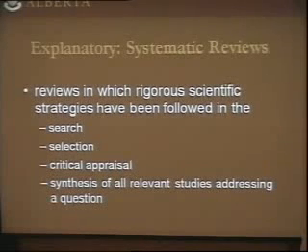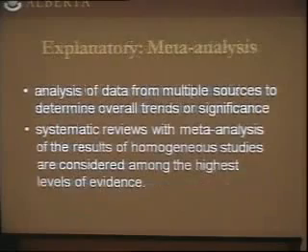As I mentioned earlier, it is a systematic approach to searching for those articles, casting as broad a net as possible to capture all the possible articles, and then searching through those articles to find the ones actually relevant to that well-built clinical question you've done, and then selecting the articles, assessing their quality, critically appraising them, and then trying to put the numbers together to get a synthesis of all the relevant studies.